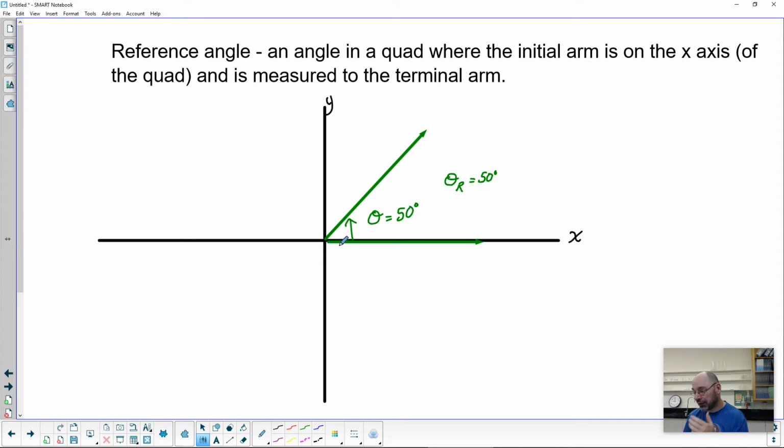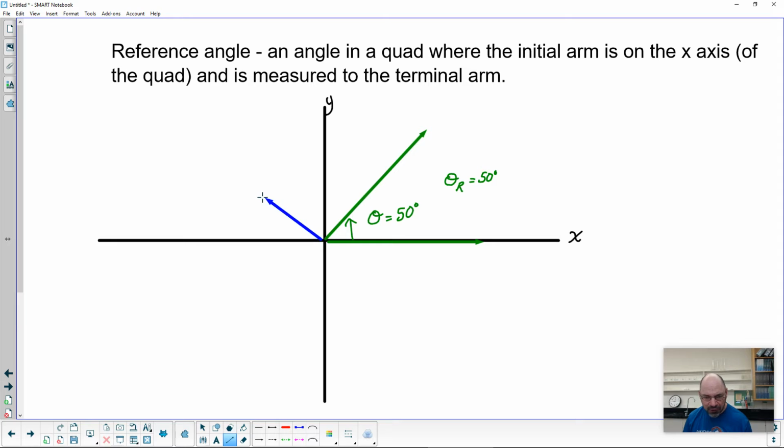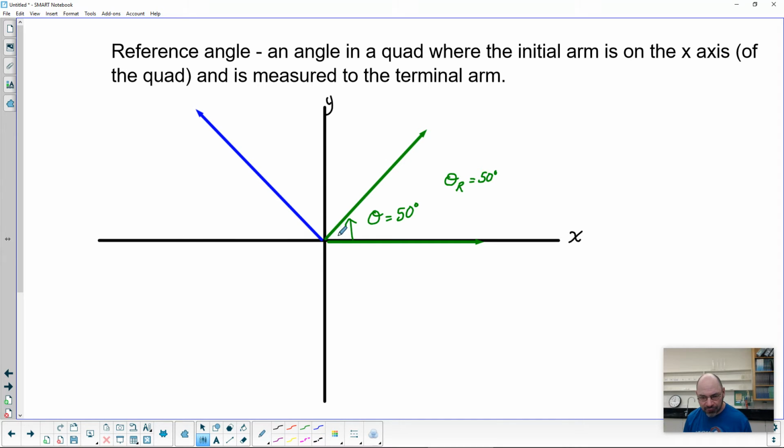Okay, let's do another one here. Let's go to the second quadrant. I'll draw it in blue with the arrowhead here. Let's say that we have this one here, and this whole angle goes all the way like that.